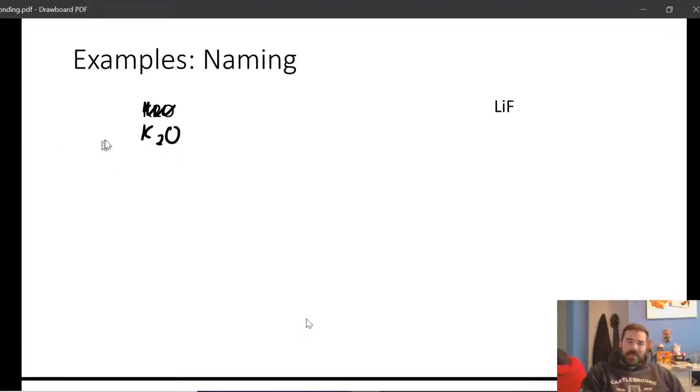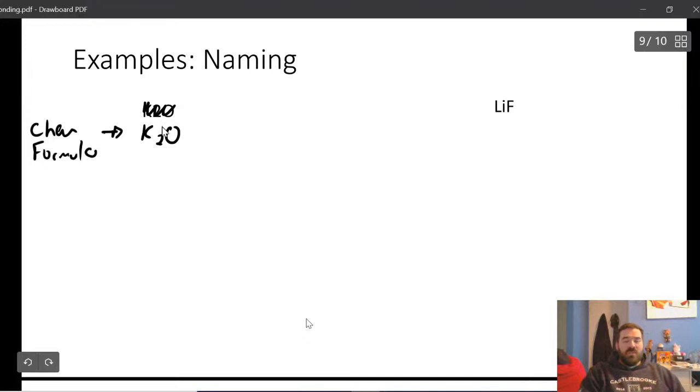This is the chemical formula, and we always write the chemical formula and the name metal first, then the nonmetal. So it's always the metal first and then the nonmetal.